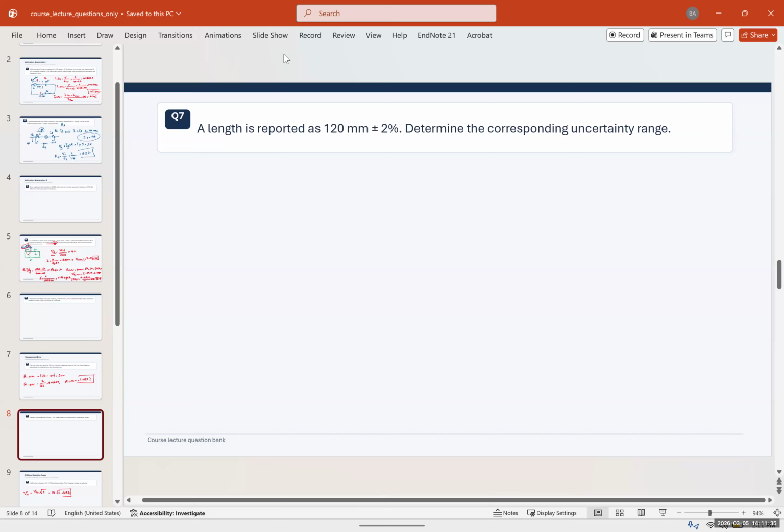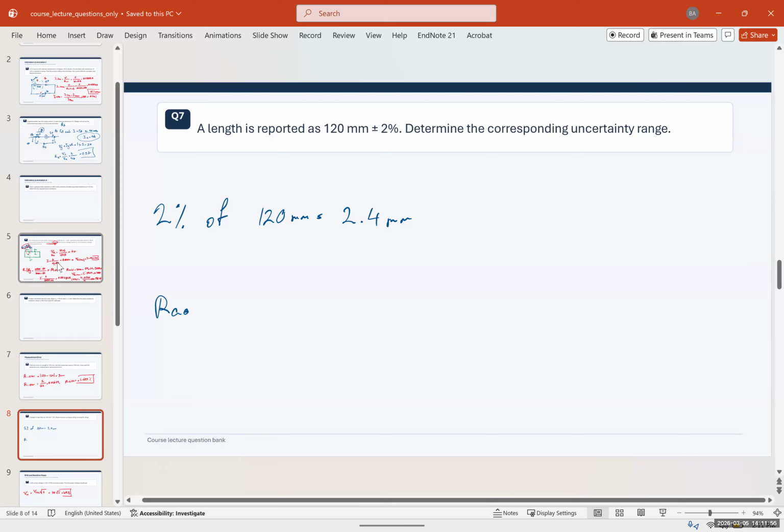So first we have to find the percentage of the error compared to the total. So 2% of 120 millimeter is 2.4 millimeters.